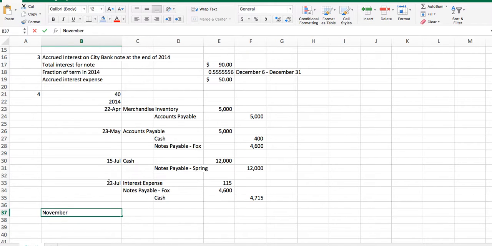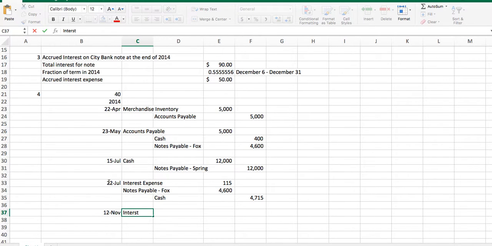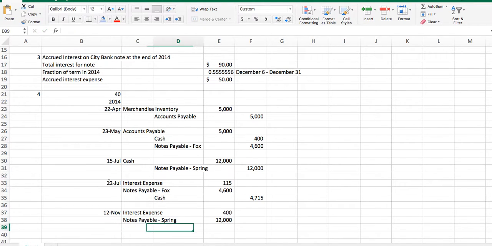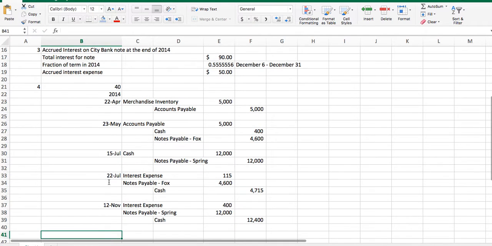Then on November 12th, the note came due on Springbank, and we know the interest expense on that was $400. We debit notes payable so that it is no longer showing up as a liability, and then cash went out of $12,400.